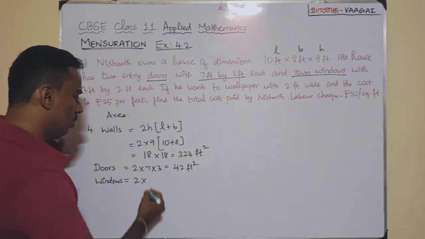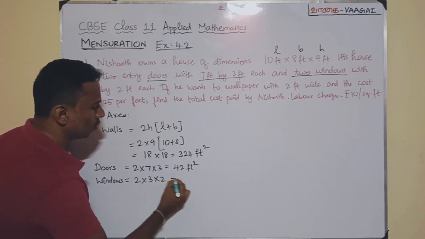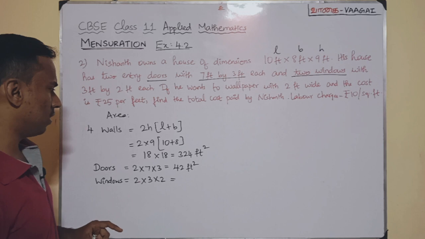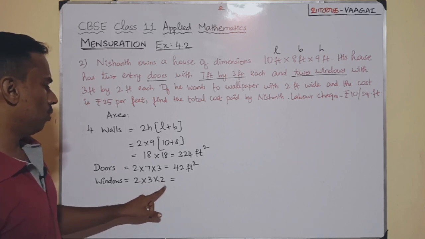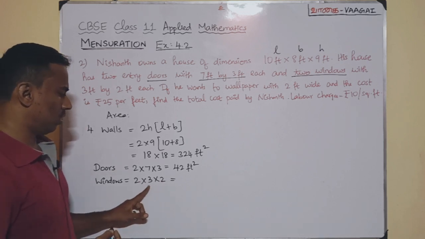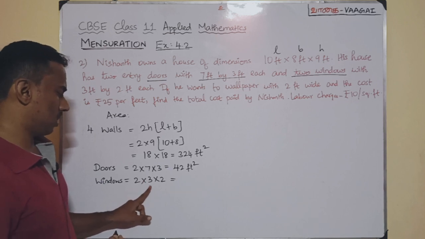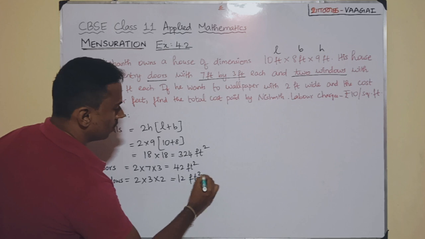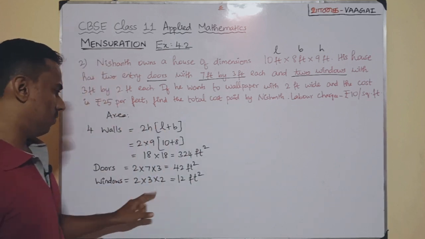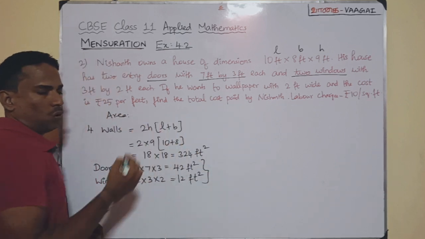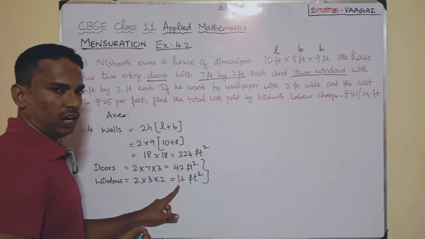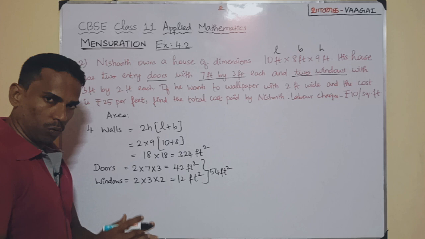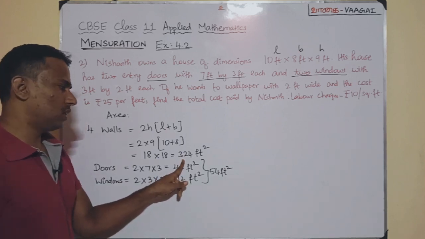So each window is 3 by 2, so 2 into 3 into 2. 2 threes are 6, 6 twos are 12. So I will get 12 feet square for the windows. So overall, 42 plus 12, I will have 54. So this 54 feet square will be removed from the total area 324.